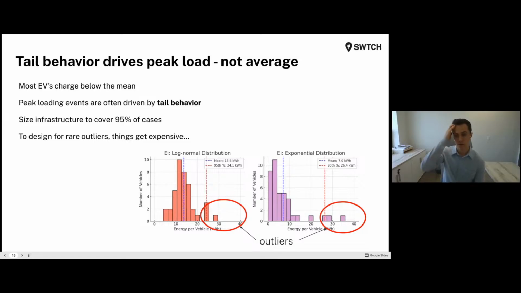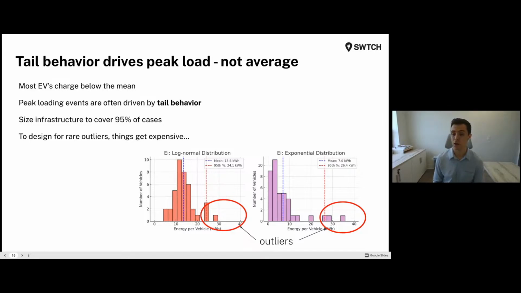And so the 95% rule is great, especially if we're planning for the future, because it gets us well beyond what's needed, as well as keeps the project within budget. And so if you look at some of the barriers to getting EV charging in the ground, a lot of the time it's high capital cost upfront.